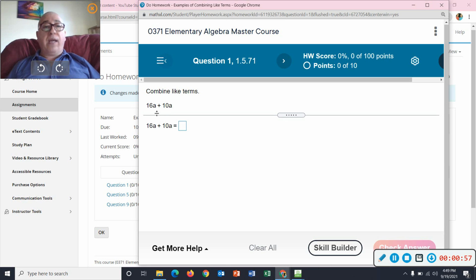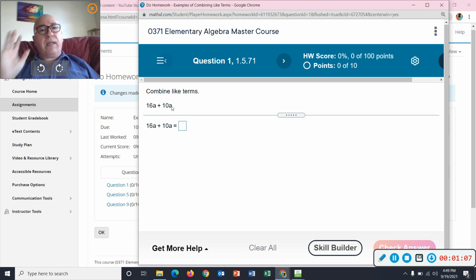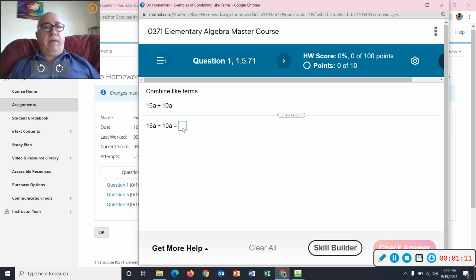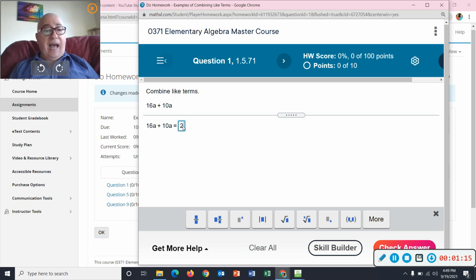Terms, by the way, are separated with pluses or minuses. 16a plus 10a. Some people might say, oh, that's difficult, but if it had said 16 apples plus 10 apples, they'd be able to get it right off. That would be 26 apples.